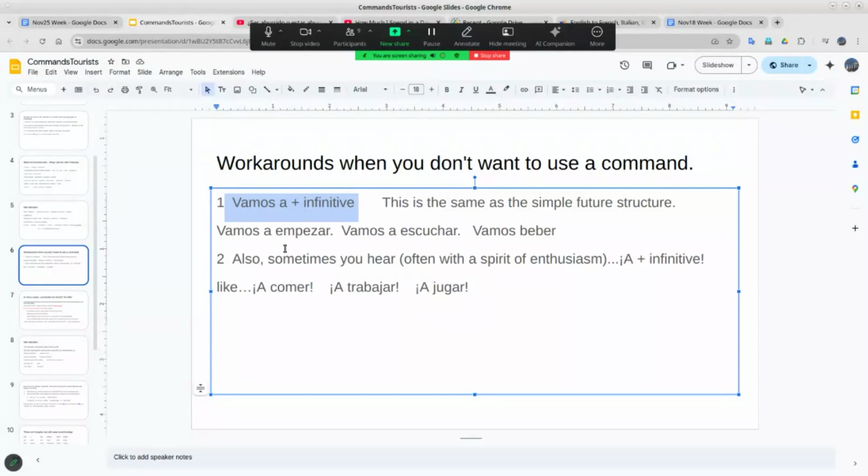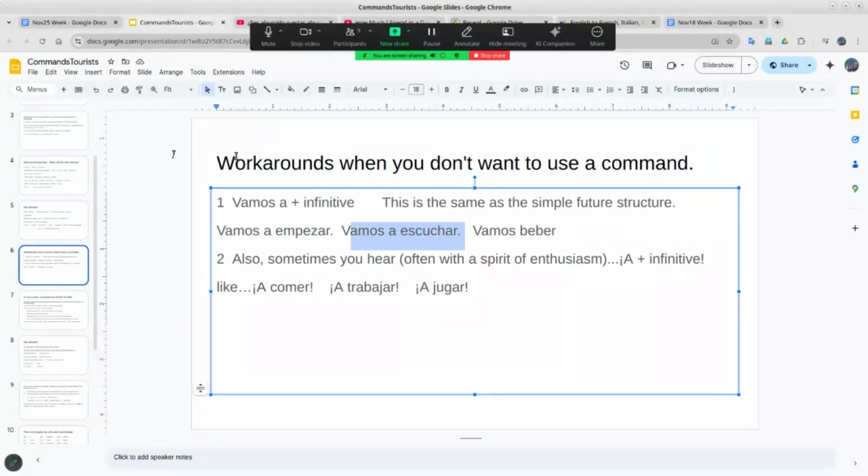It can mean that. But vamos a with an infinitive, the normal future way of saying this, is actually also a way of giving a let's command. Instead of empecemos, let's begin, you could say vamos a empezar.